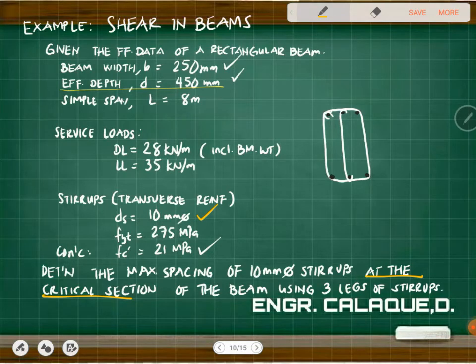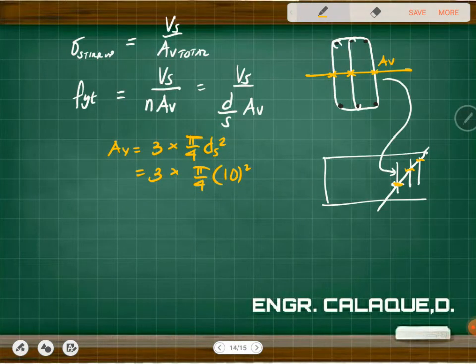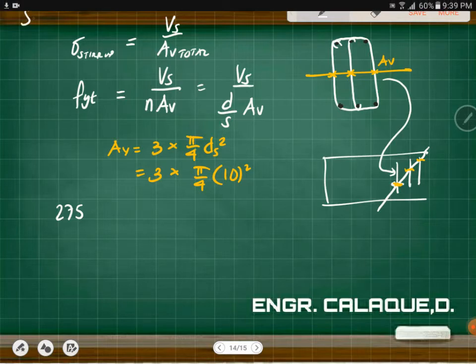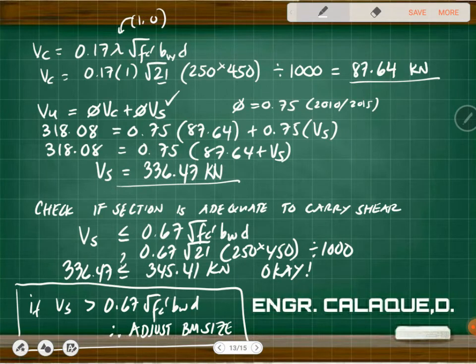So 275. Dito is spacing of stirrups yung kinocompute natin, ha? So 275 megapascal.